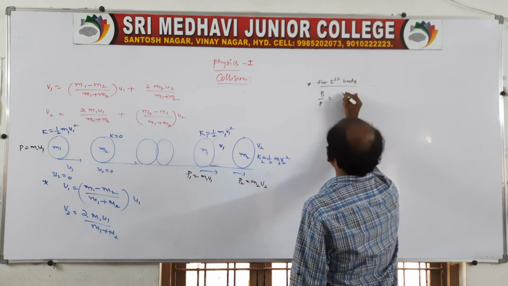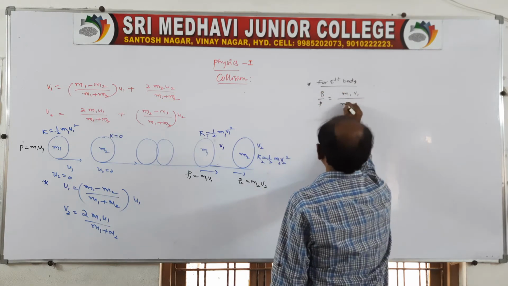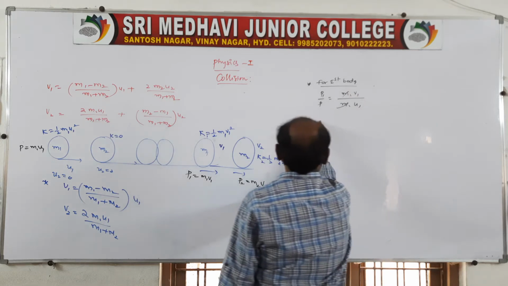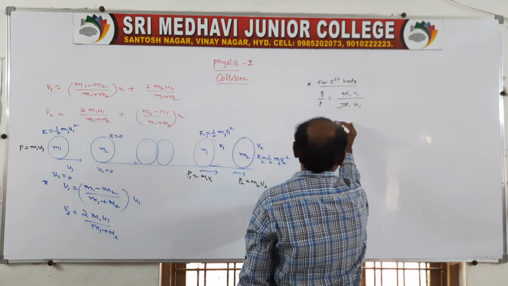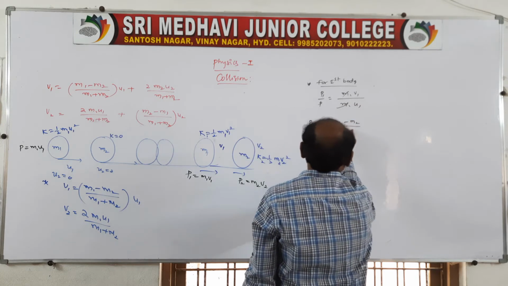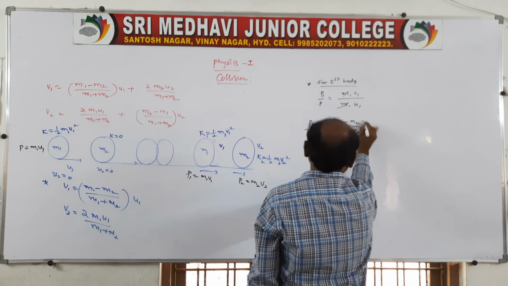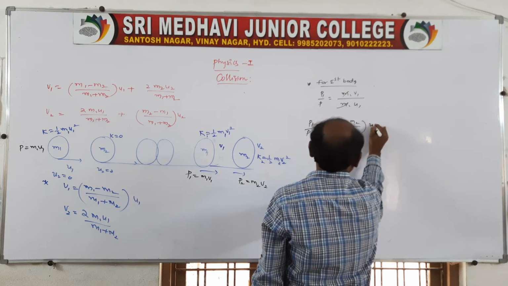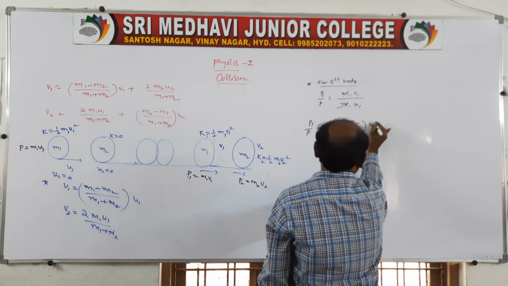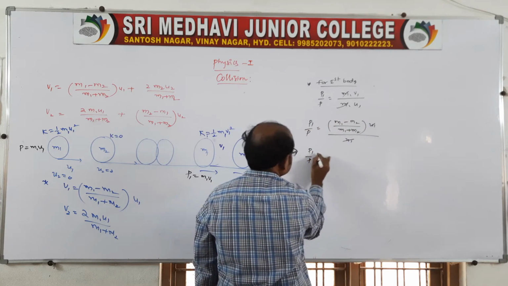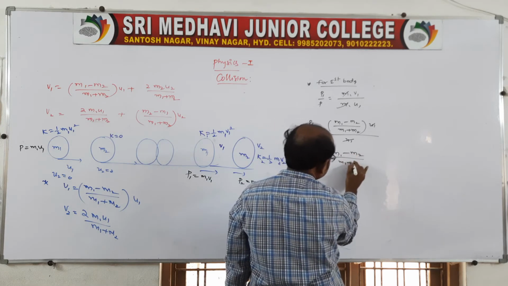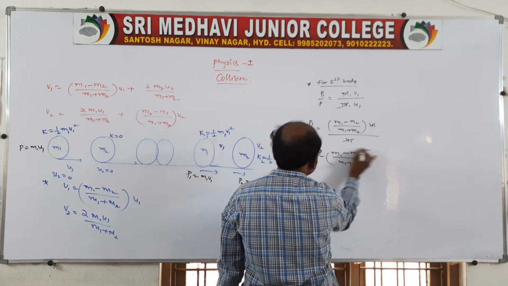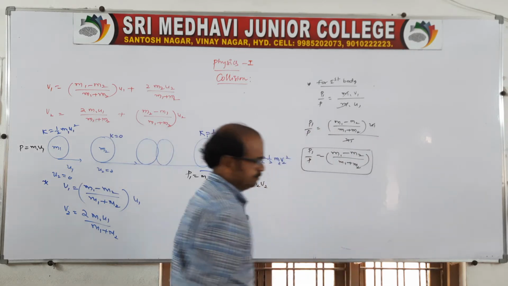So p1 will be m1 v1 by m1 u1, so cancel. p1 by p is equal to v1 is there, you write here m1 minus m2 by m1 plus m2 into u1 by u1, so cancel. p1 by p is equal to m1 minus m2 by m1 plus m2, so this will be the momentum.